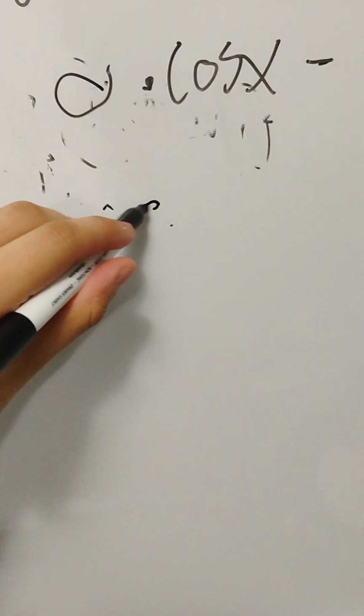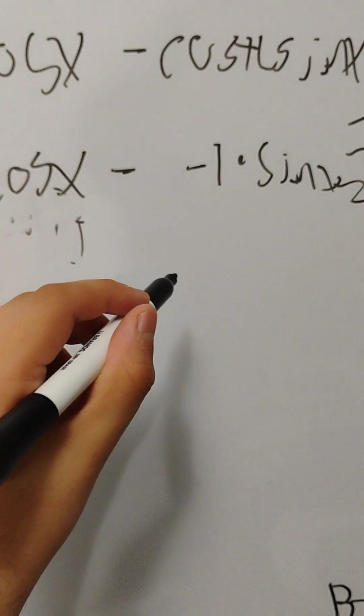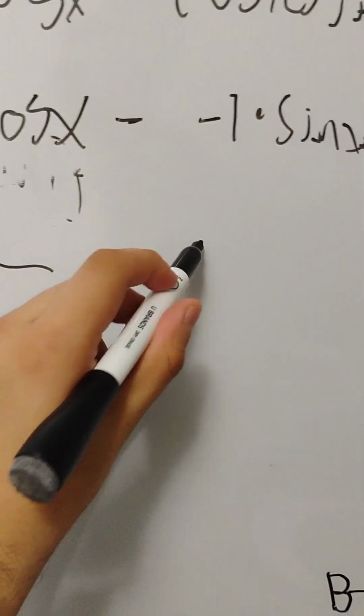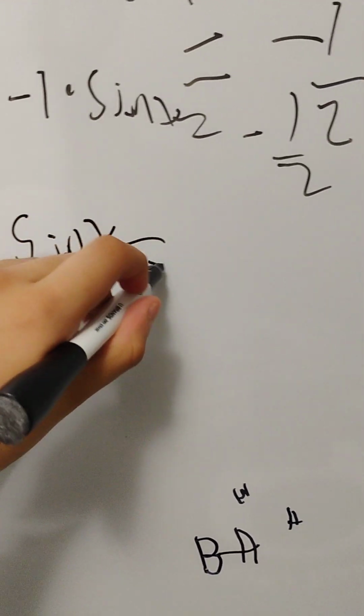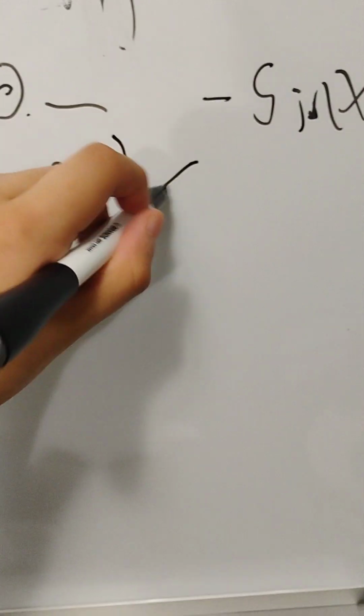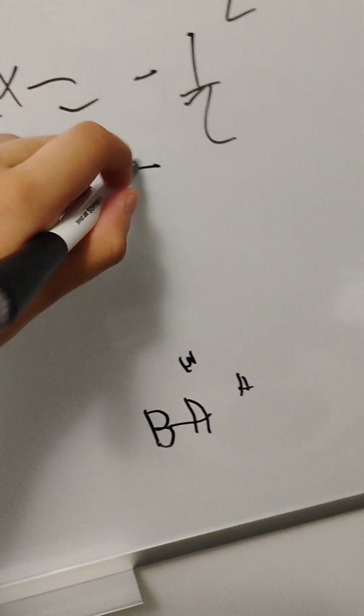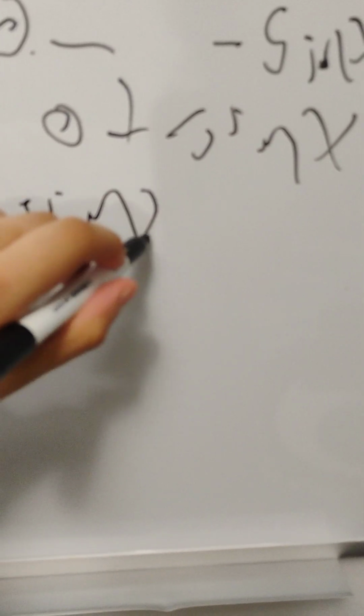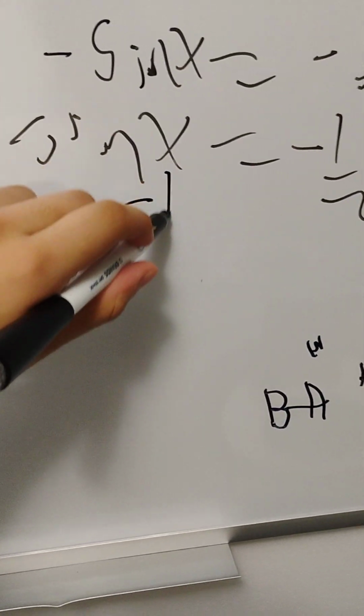So we can say 0 minus 1 times sine x is equal to minus sine x equals negative 1/2. So it'd be 0 plus sine x equals negative 1/2. Now we have sine x is equal to negative 1/2.